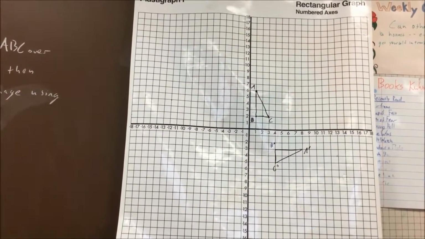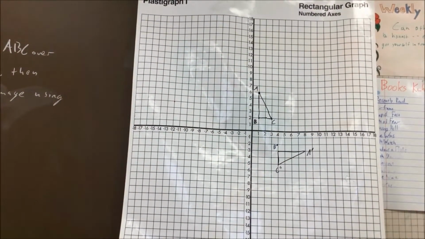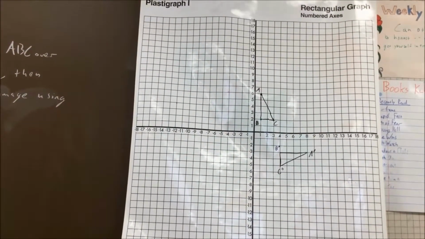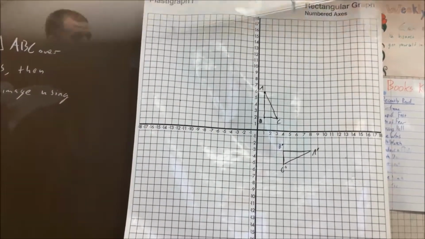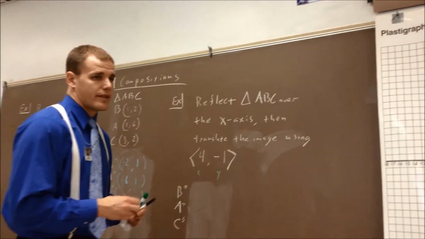What two transformations did I do to get B double prime, A double prime, and C double prime? 1 minute, talk about with your team, go. Phillips. What did we do?